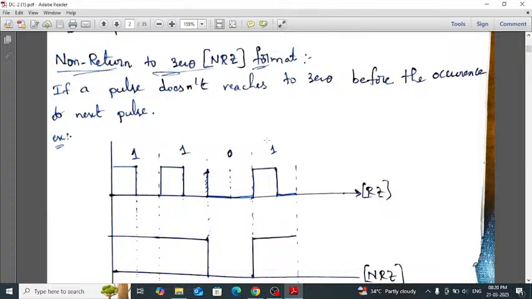Now, see here the example for the return to zero and non-return to zero format.